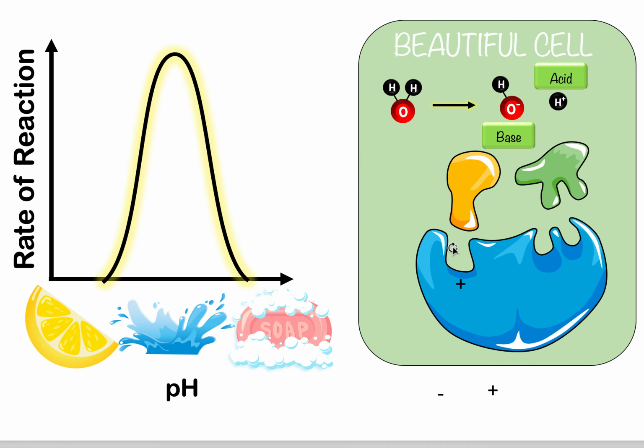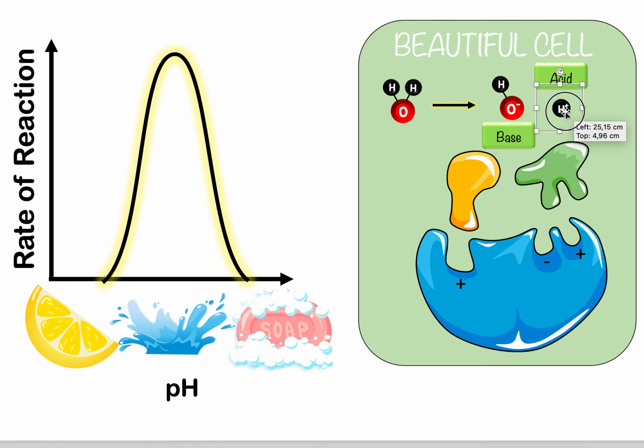So for example, let's say this spot of the enzyme is a positively charged amino acid, and here it's negatively charged, and then here it's positively charged. If you have too many of these H pluses and OH negatives, so let's say we have a molecule that has a lot of H plus for some reason, in a place in the body like the stomach. The stomach is very acidic, right? So let's say we're in the stomach and we have a lot of H plus. If there's a lot of H plus, it's going to be acidic.